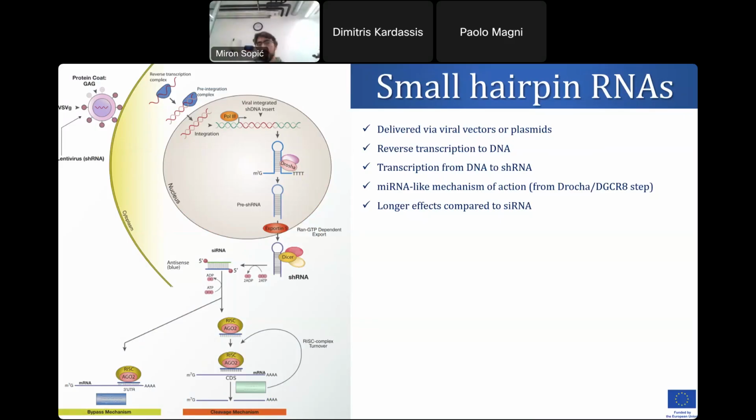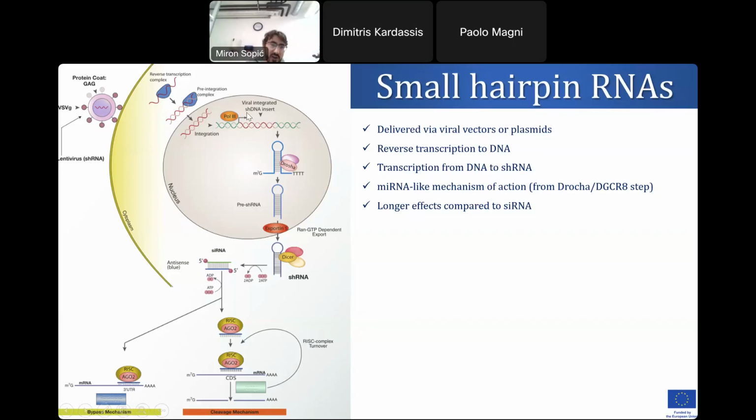So your DNA of interest will acquire this specific region, and then during transcription, the polymerase will produce shRNA that will end up using the same mechanisms, the same processes as microRNAs. So you can clearly see here the difference between siRNAs and shRNAs. shRNAs have much longer effects, because you administer siRNA, siRNA has its effects, and then it's going to be destroyed.